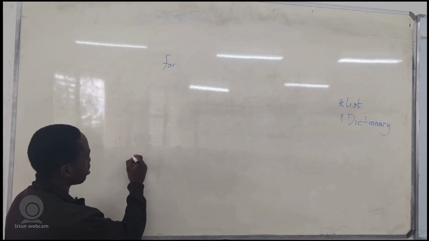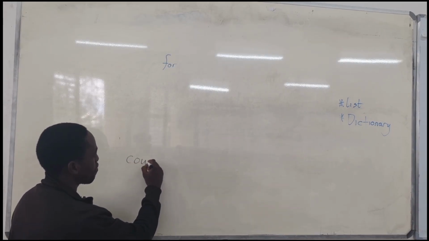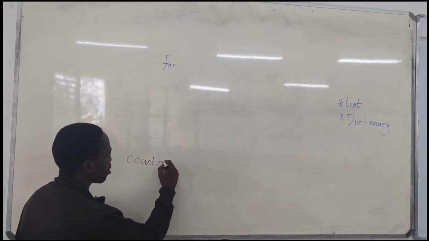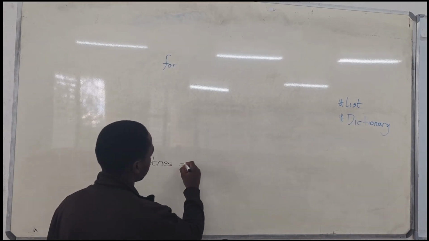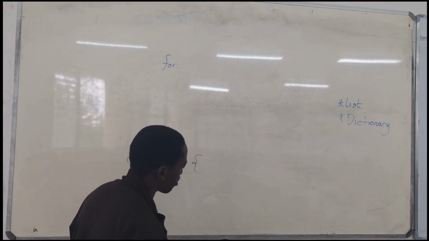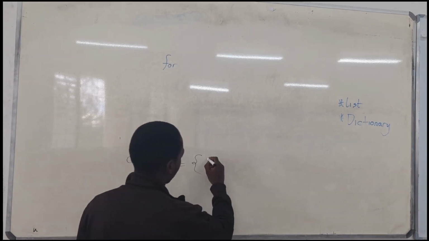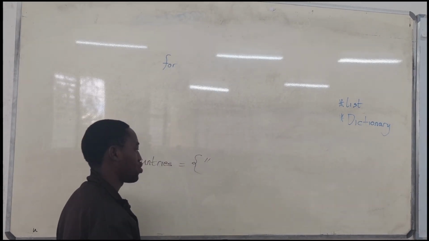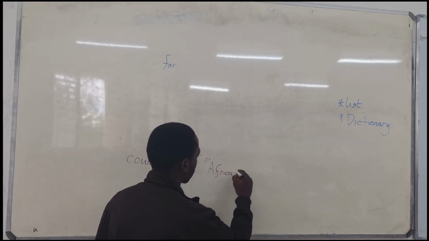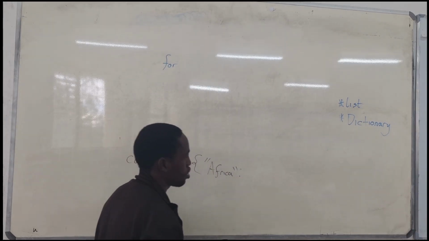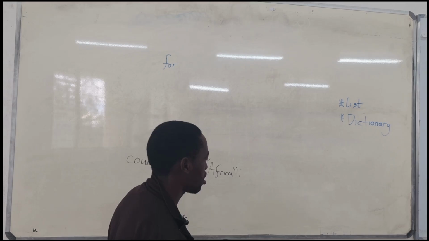We'll call it countries. This dictionary will contain, the key will be continent. So we'll have Africa, and any country in Africa.